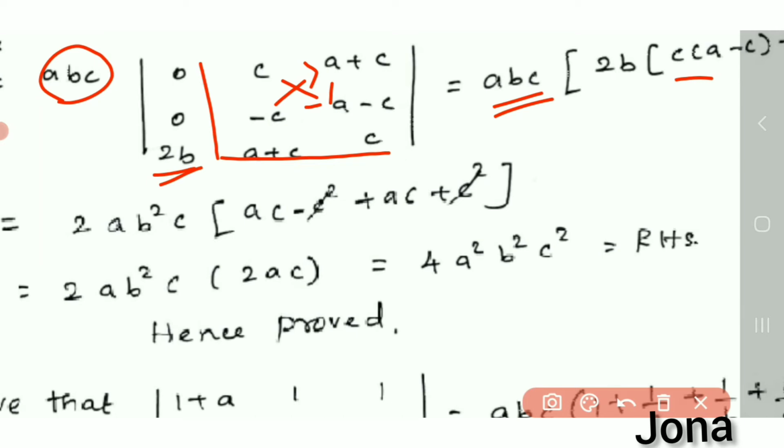So ac minus c², we can take this as plus now in between. So ac plus c². So we can cancel here minus c² and plus c². So the remaining thing we have 2ac. Already we had this 2ab. If you multiply this, we got 4a²b²c².